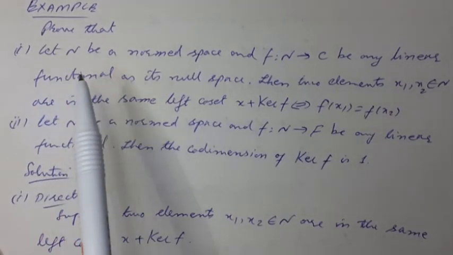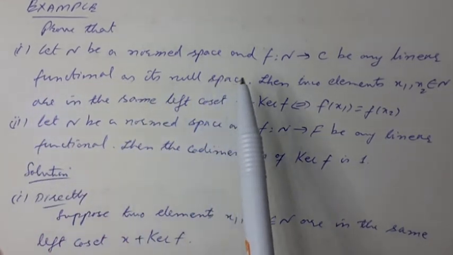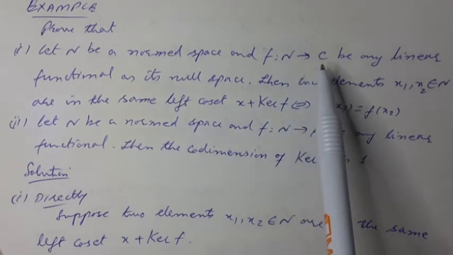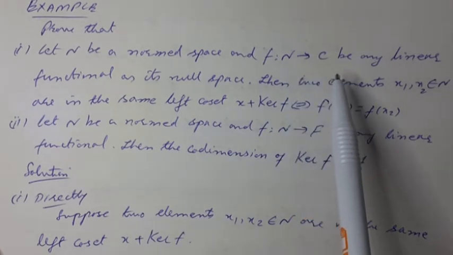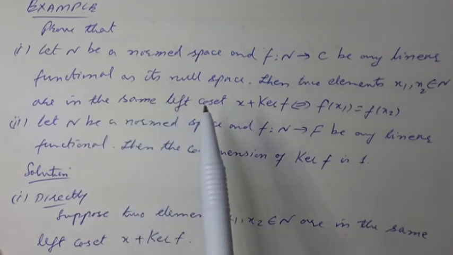Example, prove that, first part: let N be a normed space and f from normed space N to the field C of complex numbers be any linear functional with null space.